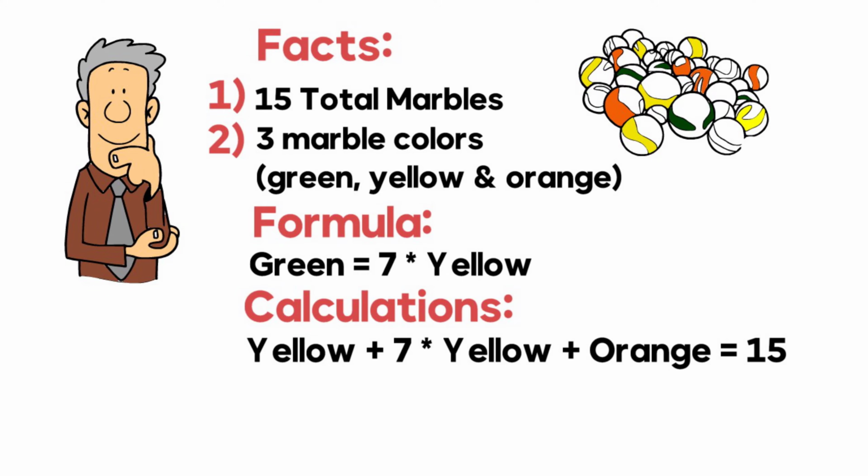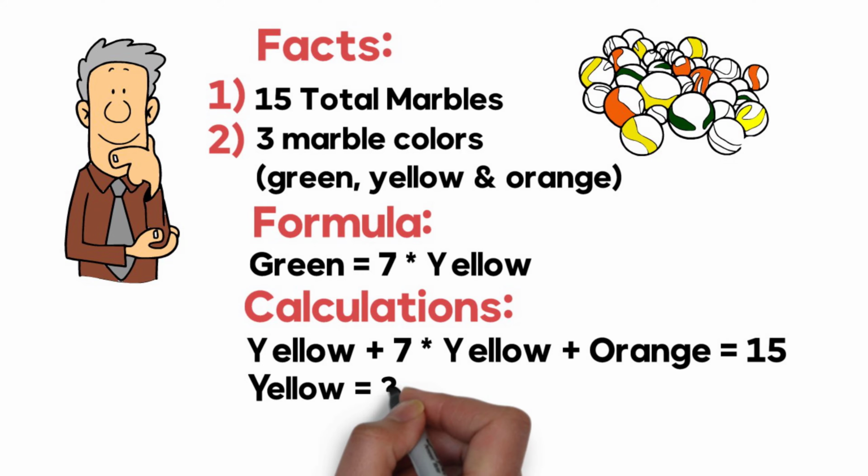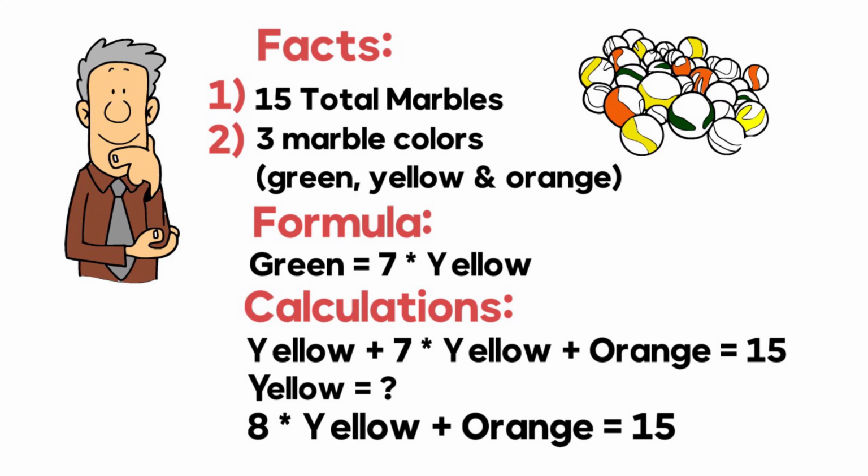Because 15 is a relatively small number, we can start guessing how many yellow marbles are in there. Our ability to solve this challenge is based off of the fact that there is a very small number of total marbles. If we simplify this formula, we get 8 yellow marbles plus however many orange marbles equals 15.